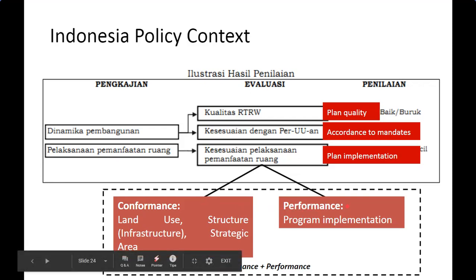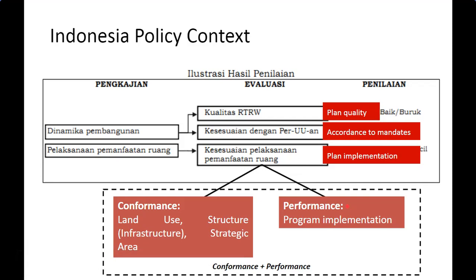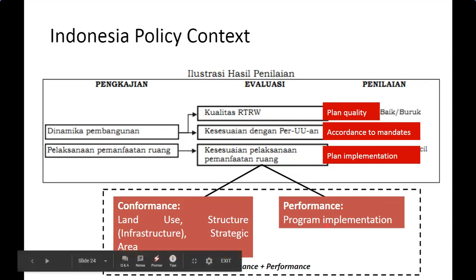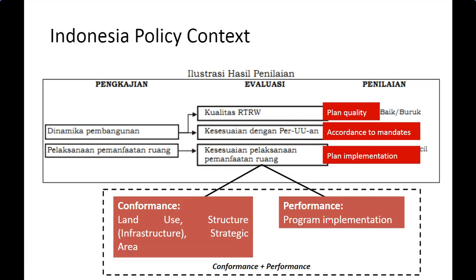Also the performance: how far, how complete we implement the programs and actions there. So the plan implementation evaluations in Indonesia already adopt two types of land use evaluations, conformance and performance evaluations.